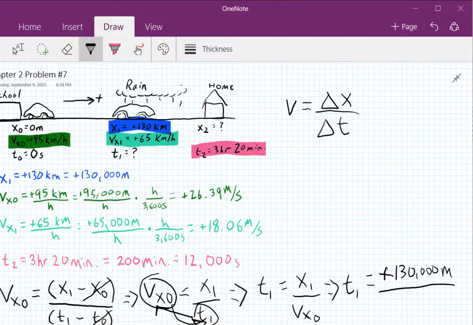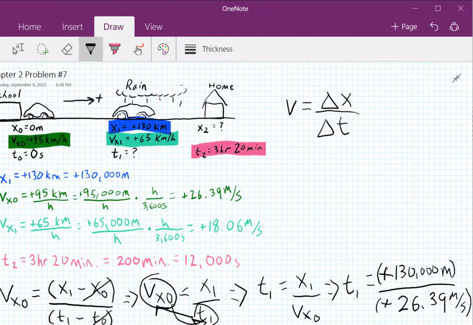You need to make sure that you use the velocity for x initial, not x1 final. So it's Vx0, not Vx1. Vx0 was the dark green one, that's positive 26.39 meters per second. Okay, so that's the equation with the values.